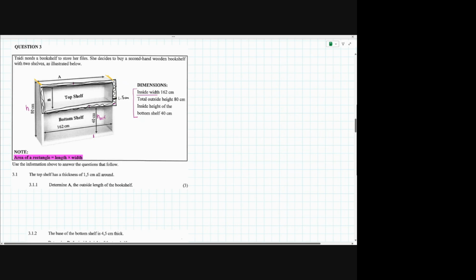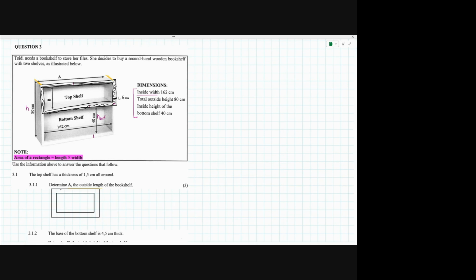So what would I need to do here in order to calculate the outside length of my bookshelf? Any ideas?